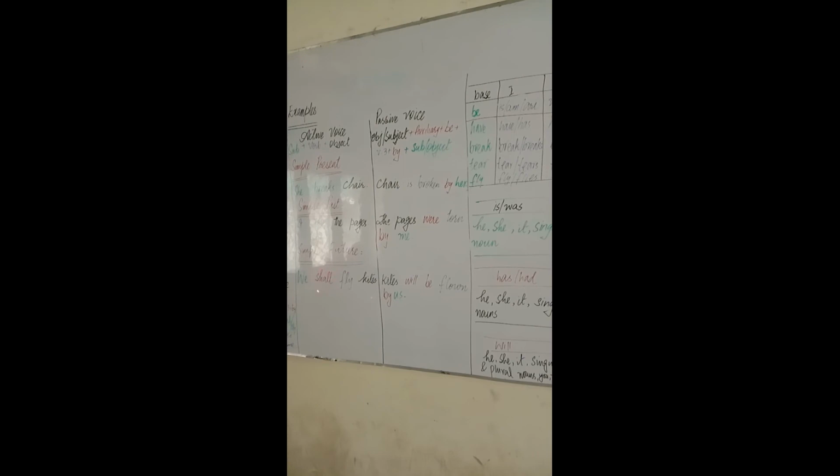Shall is a modal verb. So modal verbs are always followed by the base form. We can say he can do it. She could run fast. So whatever the subject is, after the modal verb, you always use the base form of the word. Which form?